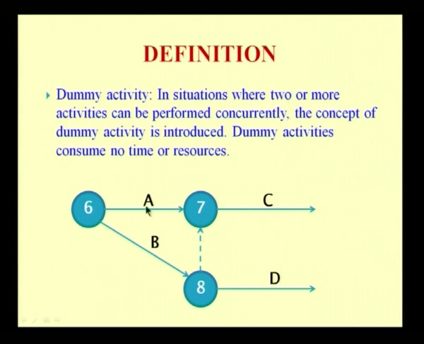Where I would mention to take up an activity of C, my constraint would be something like A should be complete and check to see whether B is also complete, but D can start only with B. In such circumstances I might use a dotted line and an arrow mark, which would indicate a dummy variable. This requires no additional effort, no additional time and no additional resource.